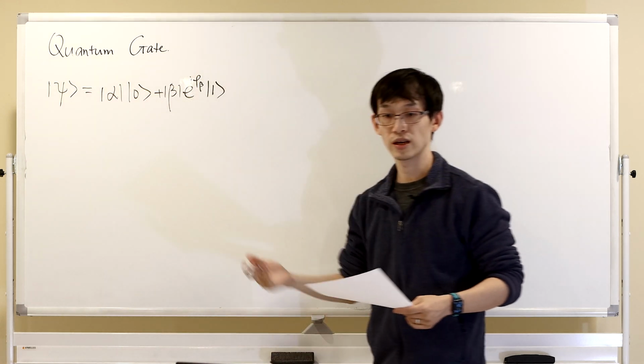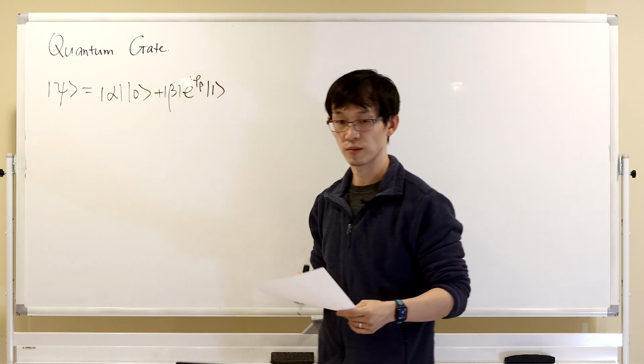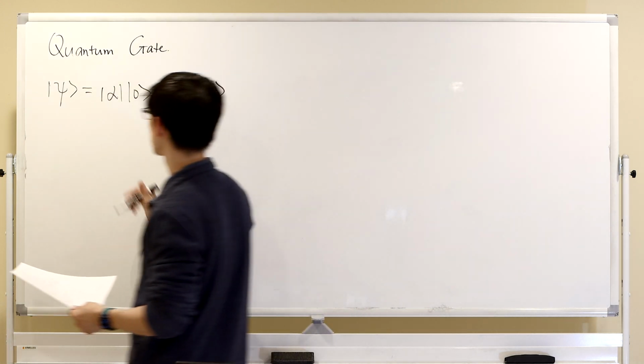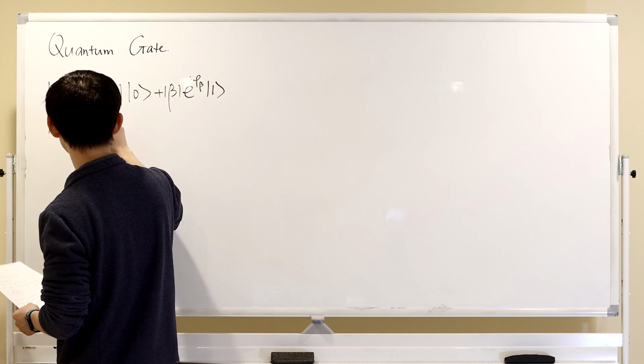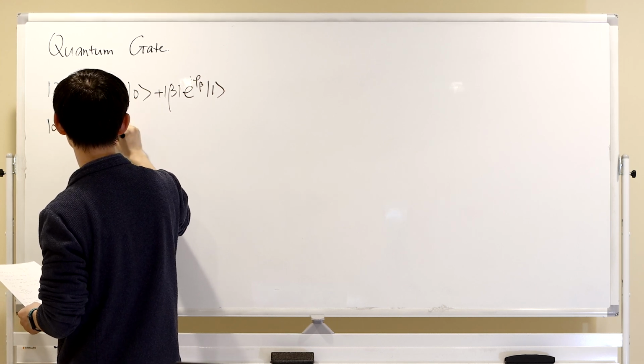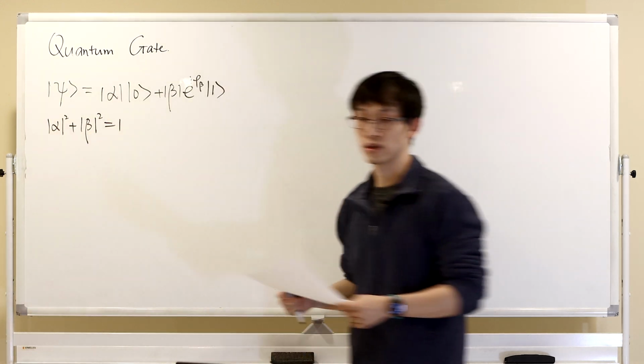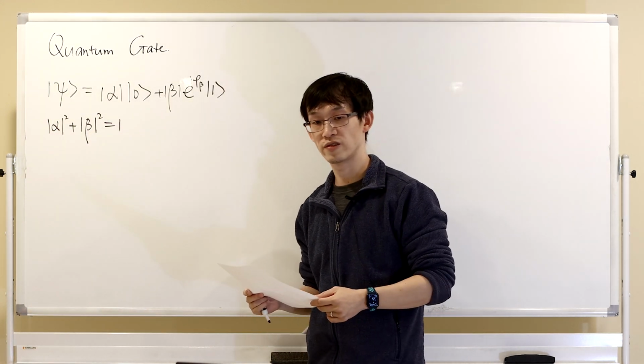We also said that it looks like there are 3 parameters, but because each state has to be well normalized, you have amplitude squared of alpha plus amplitude squared of beta equals 1, right? So in fact, you only have 2 free variables.